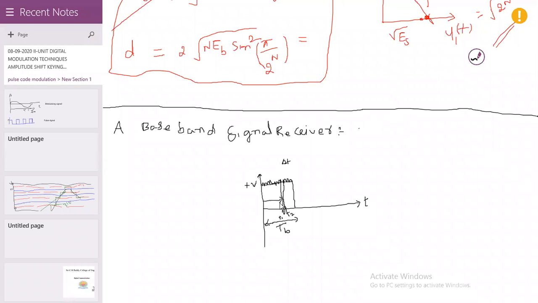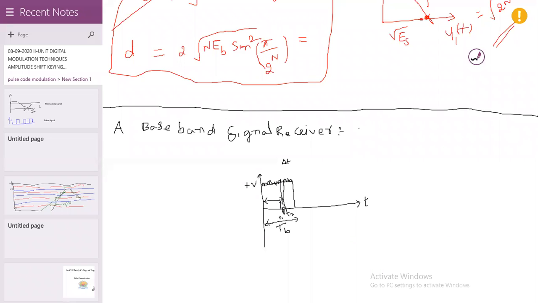Up to T1, the data signal is present with plus V volts and a small noise is also added, but with the addition of this noise there is no change in the output. The positive voltage is obtained at the output, plus V volts, so the receiver integrator recognizes plus V volts as logic 1.